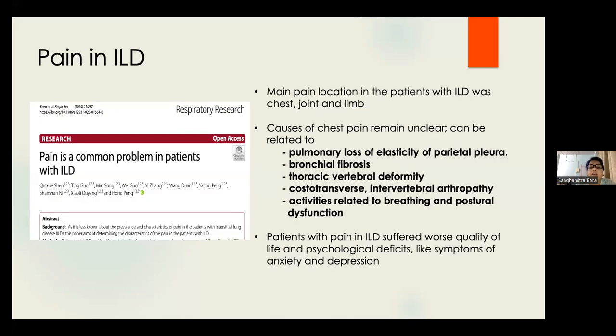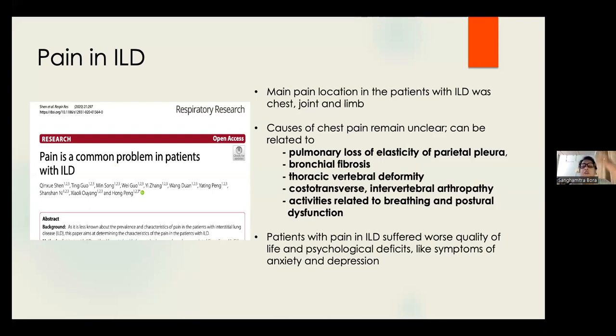In ILD, the main pain locations in the patients are seen in the chest, the joints, and the limbs. Interestingly, I also found a few studies on connective tissue disorder related ILDs, and those patients have a kind of continuous background pain.